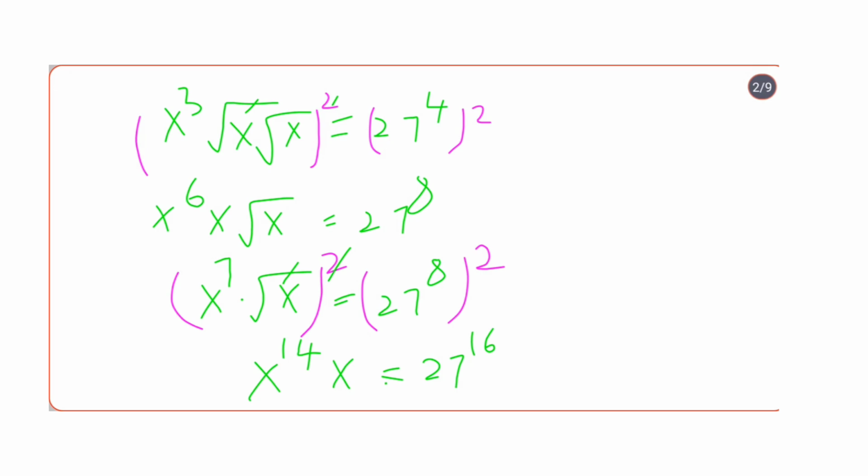This x power 14 into x means x power 15 is equal to 27 power 16. So x power 15 is equal to 27 power 16.